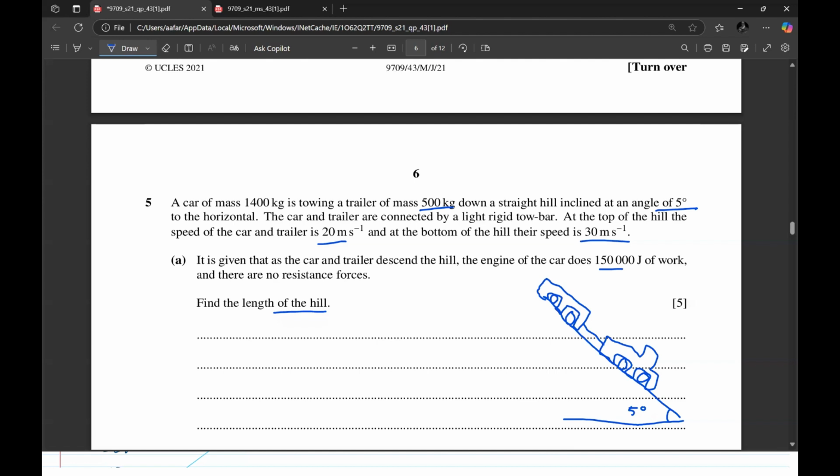And they've given us their masses. At the top of the hill, their total speed is 20 meters per second, and at the bottom of the hill, their speed is 30 meters per second.